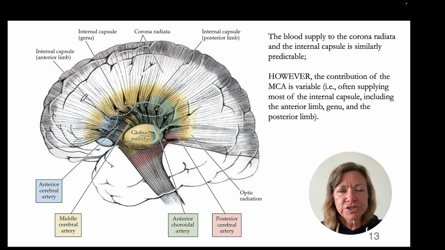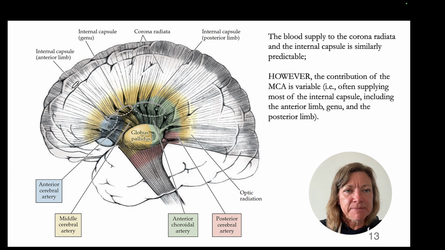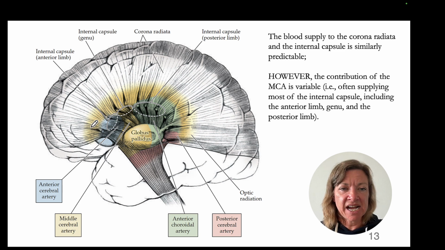Now, the contribution to blood supply within the deep portions of the corona radiata and the internal capsule is similarly predictable. However, I will say that the contribution of the middle cerebral artery is variable and often outsized. So the MCA often makes a fairly big contribution to blood supply to the internal capsule.